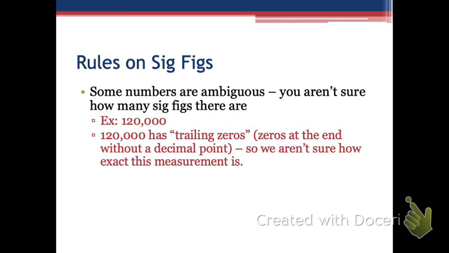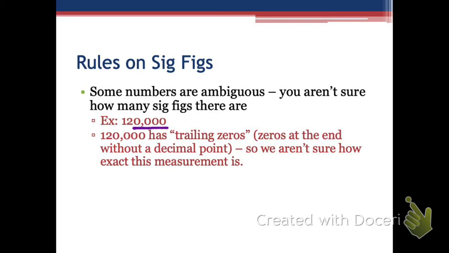Okay. All right, 120,000 has what I call, and I don't know if that's a real term for it, but that's what I like to call it, trailing zeros. And trailing zeros are zeros that are at the end of a number without a decimal point. The reason that they are a problem is because we don't know how exact this measurement actually is.